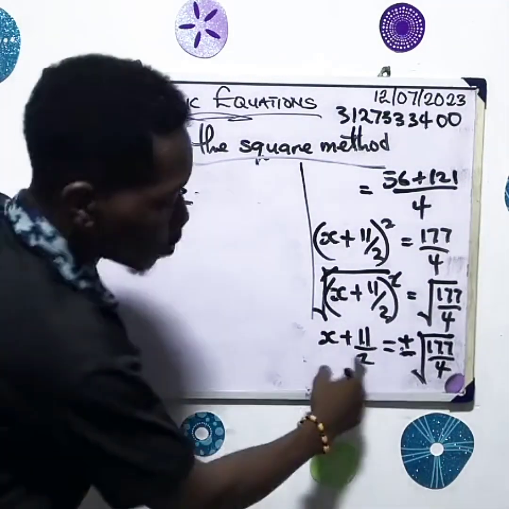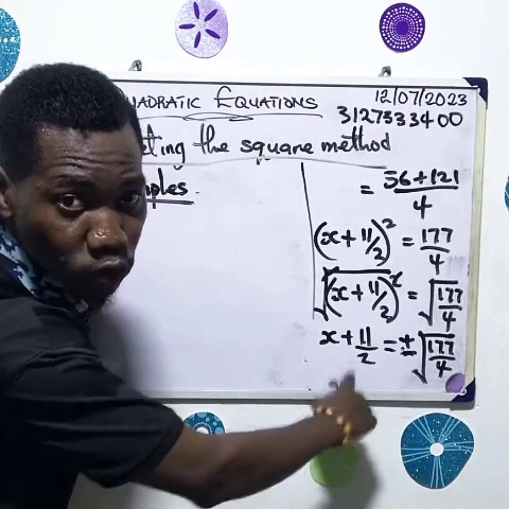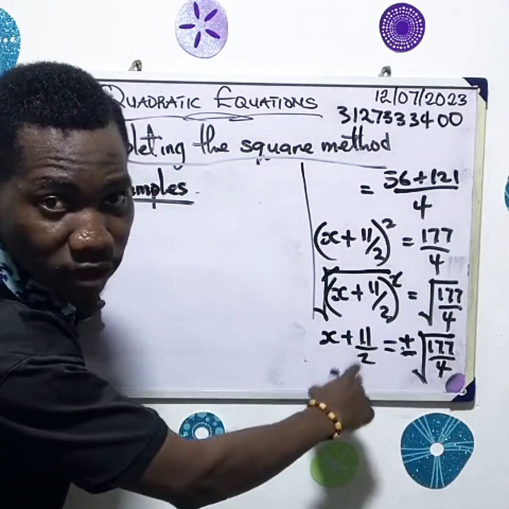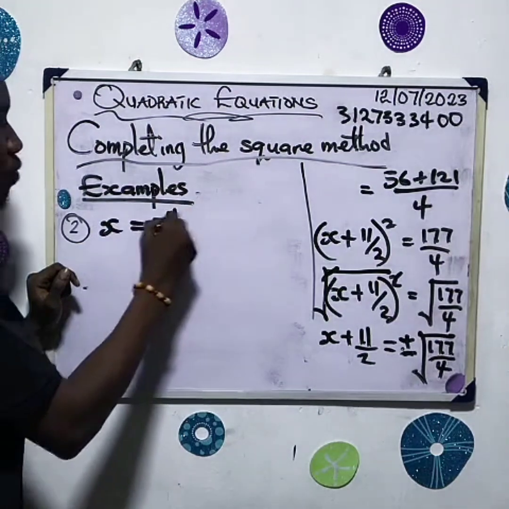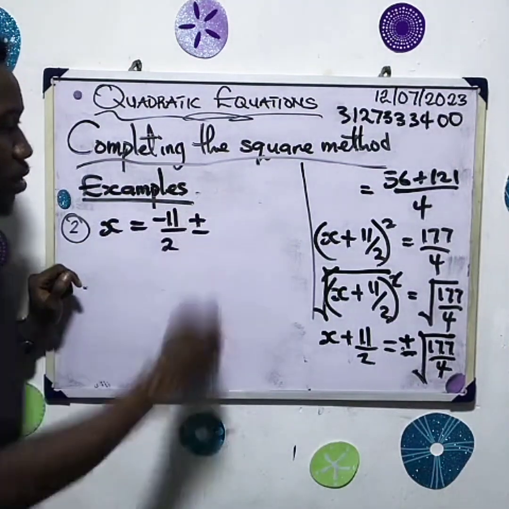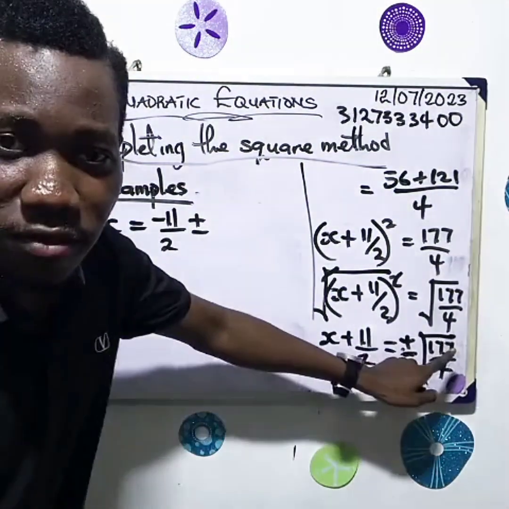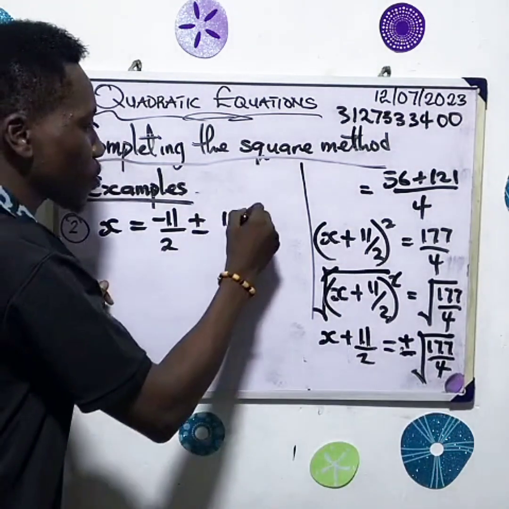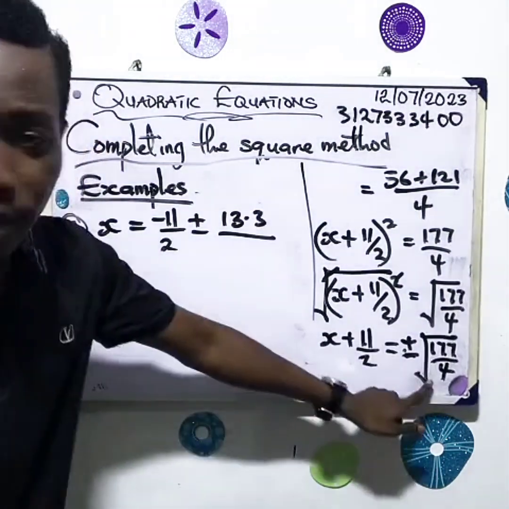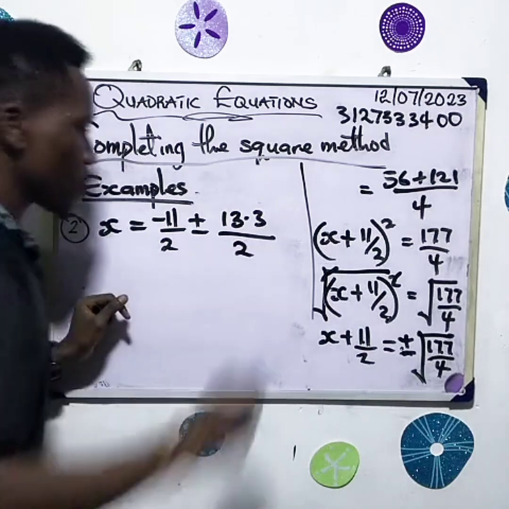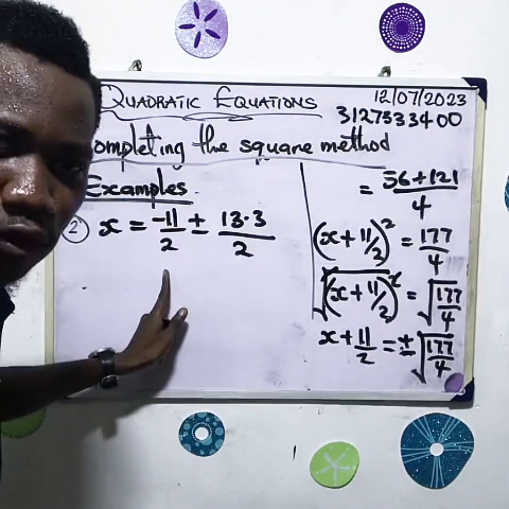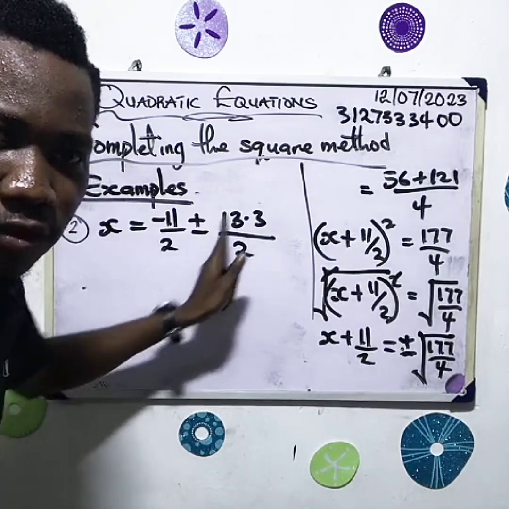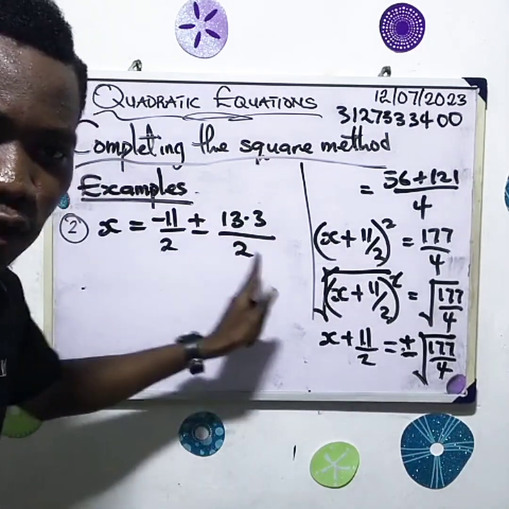And by the way, your plus 11 over 2, let's move it to that side. Plus 11 over 2 goes there, becomes minus 11 over 2. So x will be equal to minus 11 over 2 plus or minus the square root of 177, which is 13.3, over the square root of 4, which is 2. So x equals minus 11 over 2 plus or minus 13.3 over 2, right?